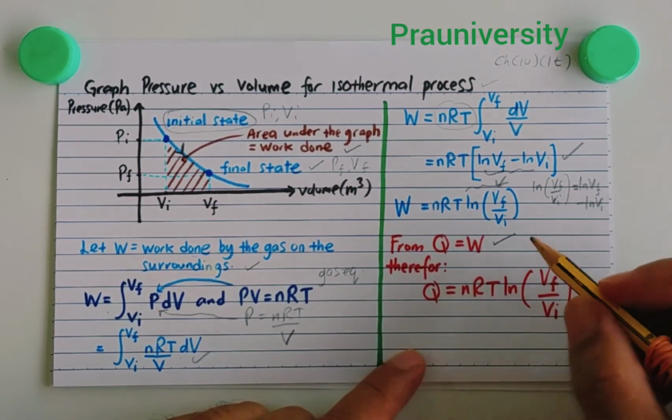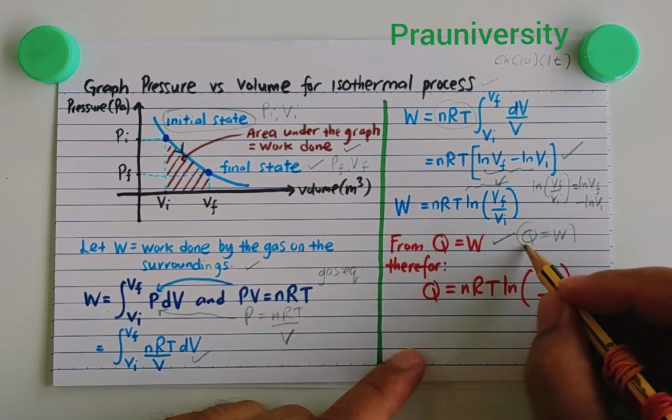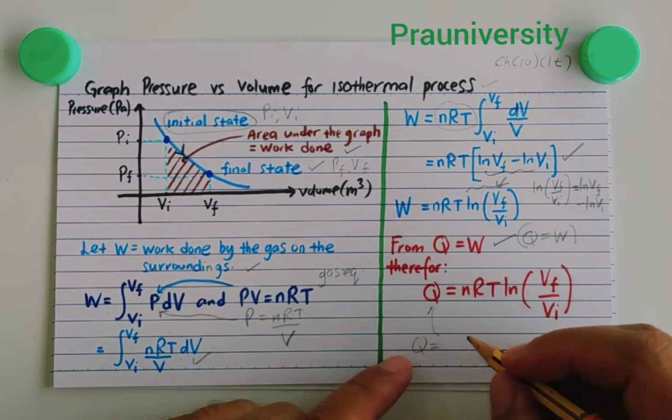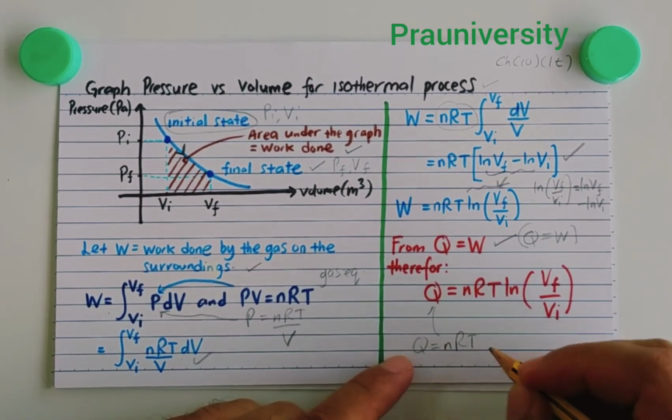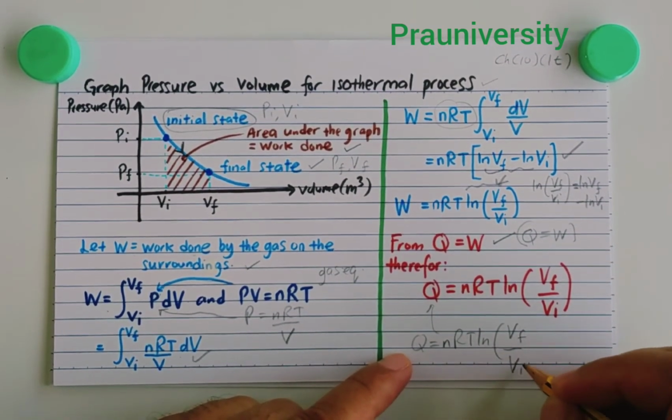We already know Q from the first law of thermodynamics, so we can calculate Q equals nRT ln of V final over V initial.